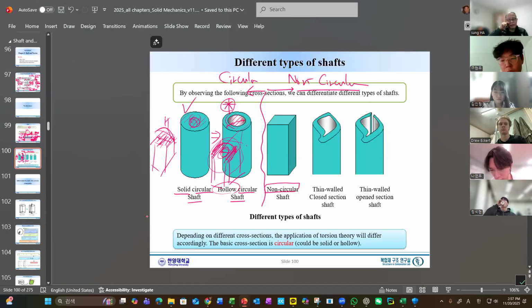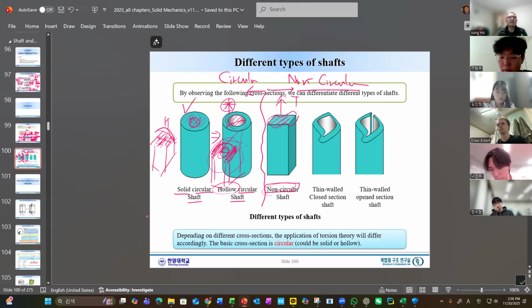There is a lot of story behind it, but the point is that when this one is subject to torsion, there is a very complicated deformation in the cross section. You don't have to worry about it, but in reality, we don't use non-circular shafts a lot.